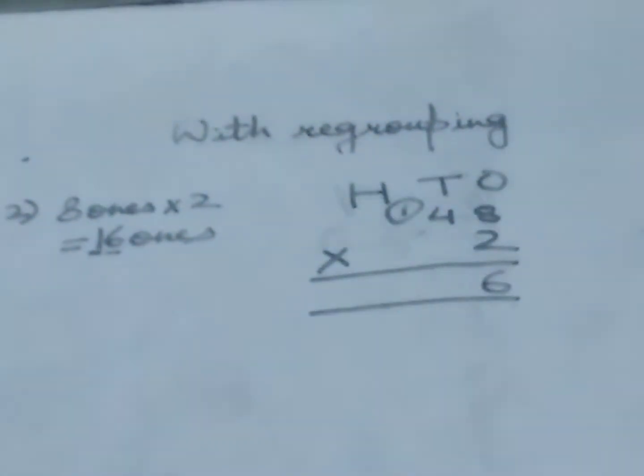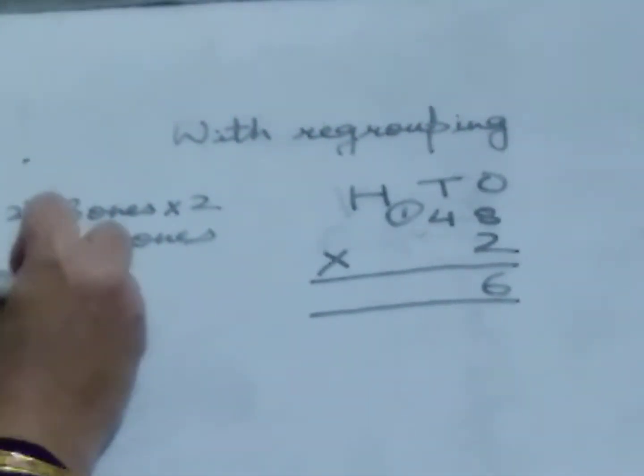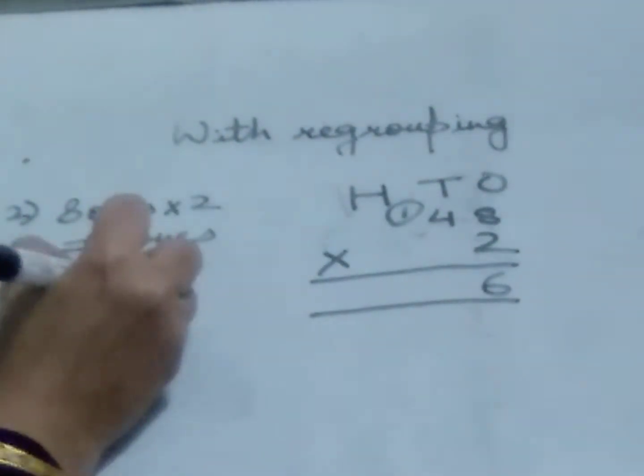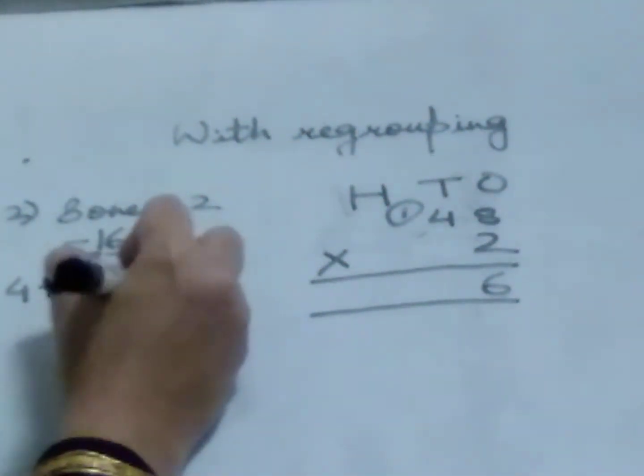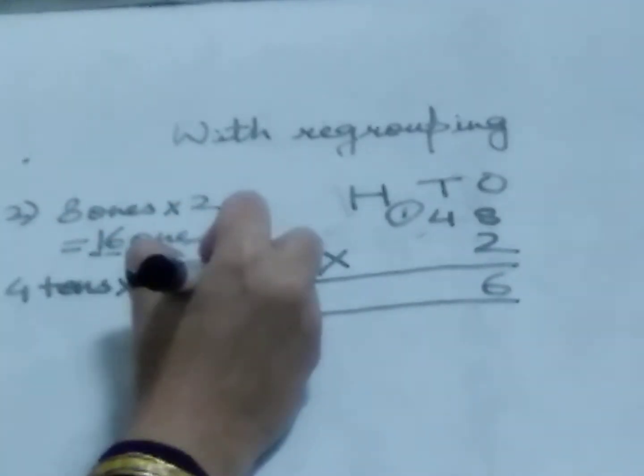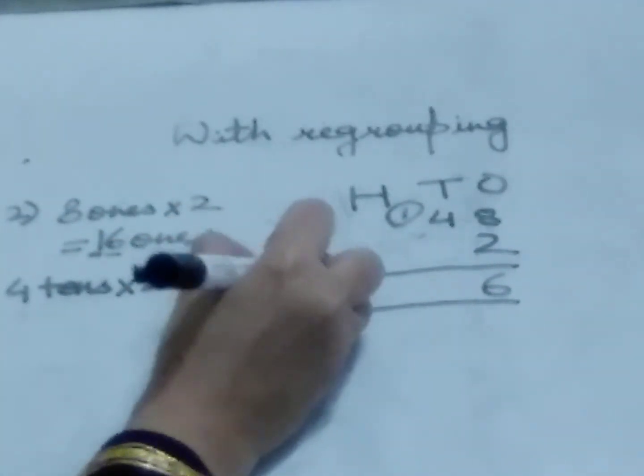Multiply the tens next. 4 tens multiplied by 2 is equal to 4 2s are 8, 8 tens.